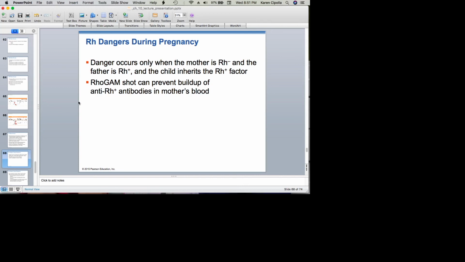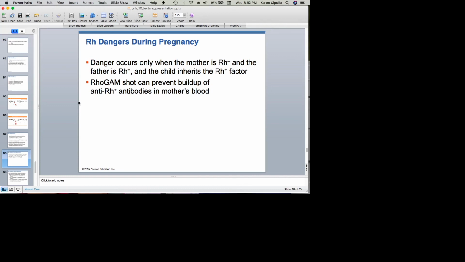But there is an intermingling of blood between the child and the mother as the mother gives birth. Once the Rh positive blood gets into the mother's bloodstream, she starts to create antibodies. So if she has a second child that is Rh positive, the mother's antibodies can then go and attack the fetus, because the fetus may be Rh positive.